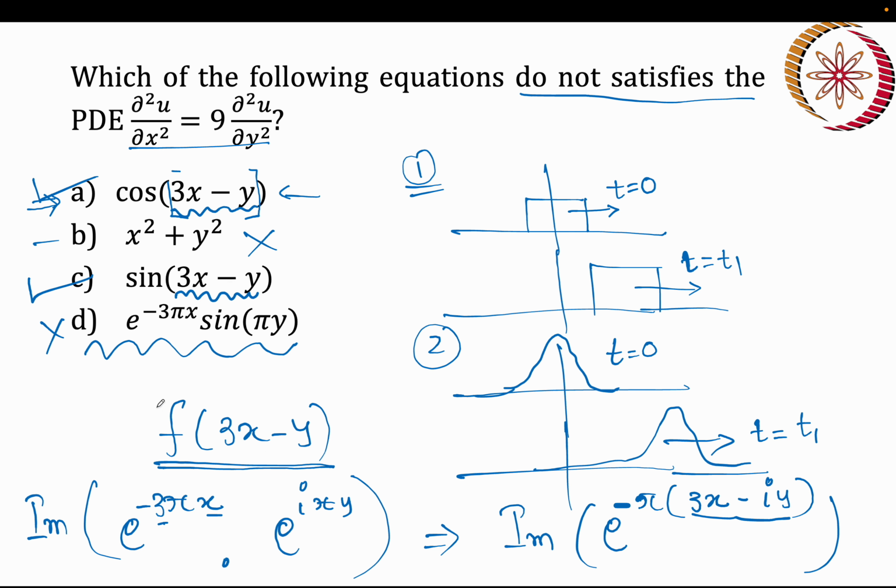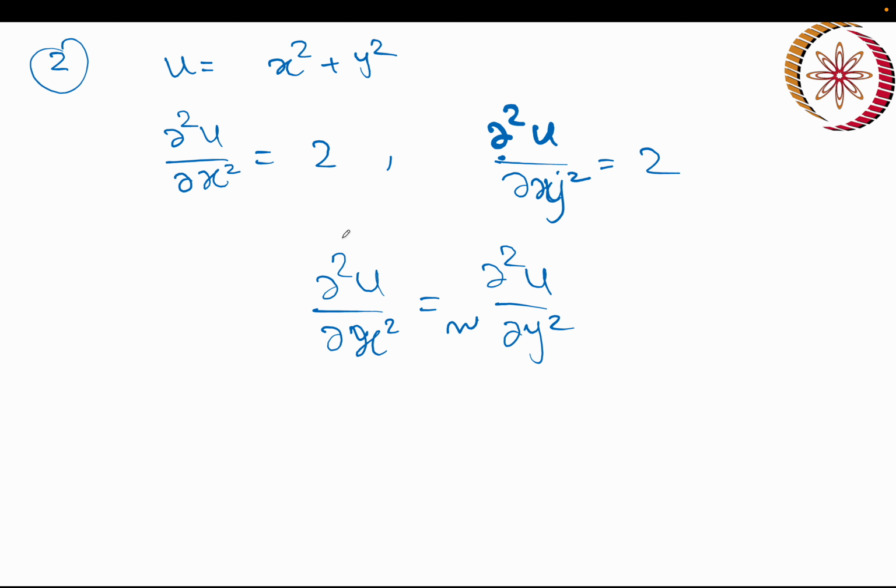But this form should be there, and this equation doesn't fit that form. So these two equations satisfy the PDE. I hope this is clear. So we'll go to the next problem.